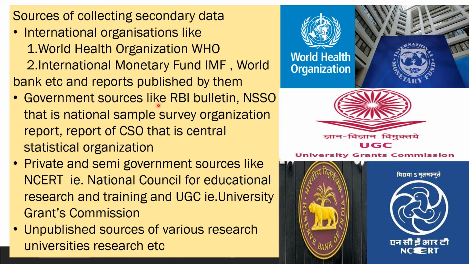Government sources like RBI Bulletin, NSSO, that is National Sample Survey Organization report, and reports of CSO, that is Central Statistical Organization, are also a source of secondary data. Private and semi-government sources like NCERT, that is National Council for Educational Research and Training, and UGC, that is University Grants Commission, their reports are also sources of secondary data.